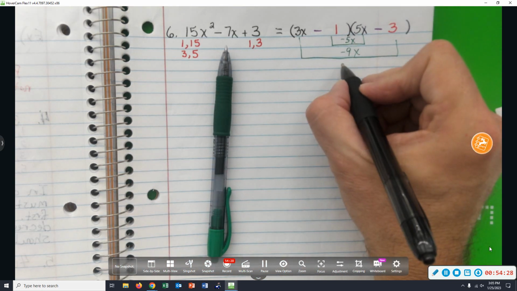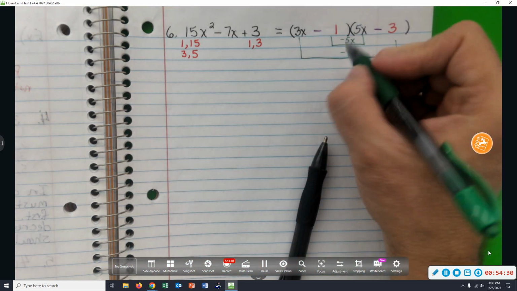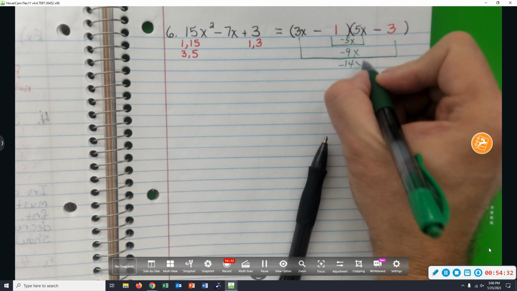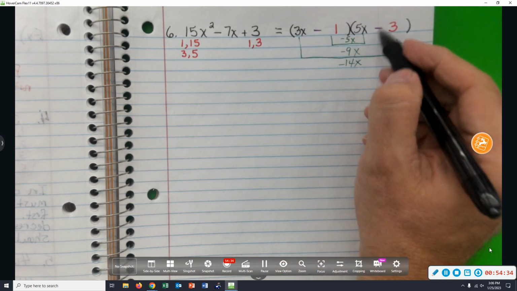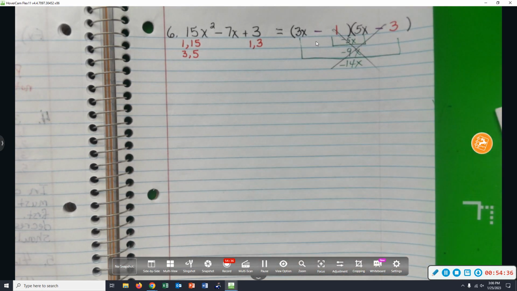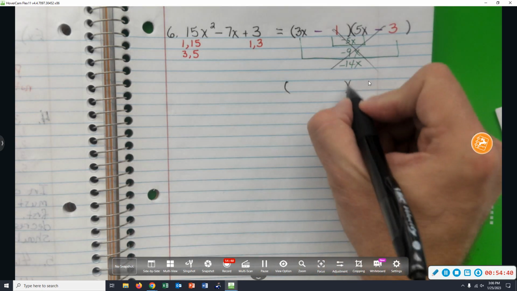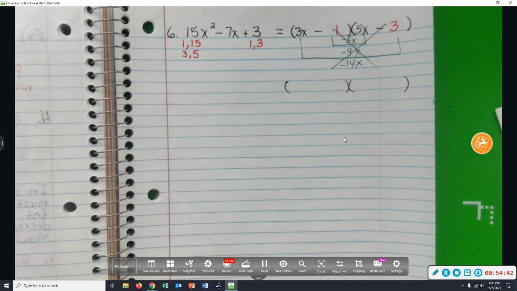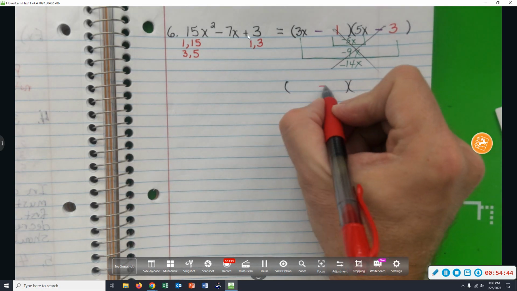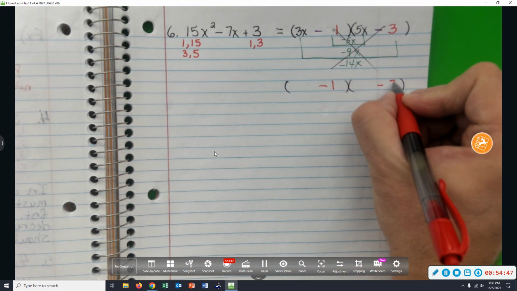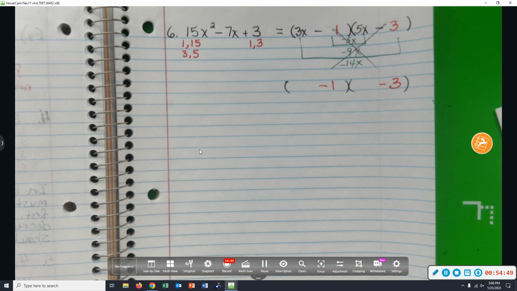That's what I want. It's giving me a negative 14x, isn't it? So I'm going to put a big X through that. That doesn't work. We know the negative 1 and negative 3 aren't going to change. If it's going to be factorable, we'll have those two minuses and 1 times 3. Well, 3 and 5 don't work.